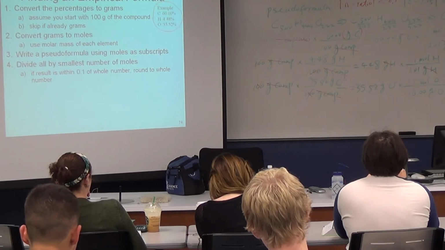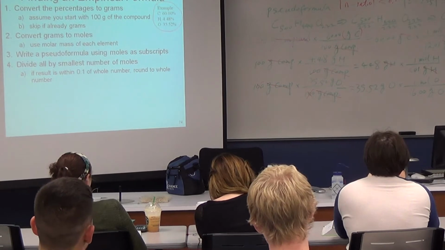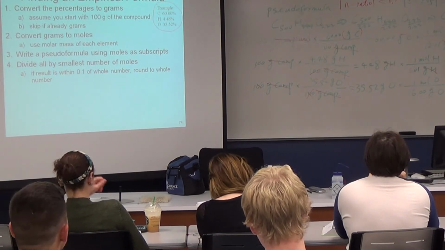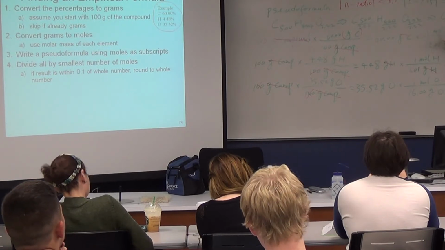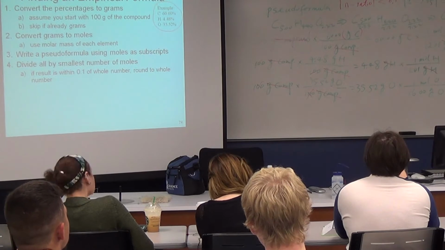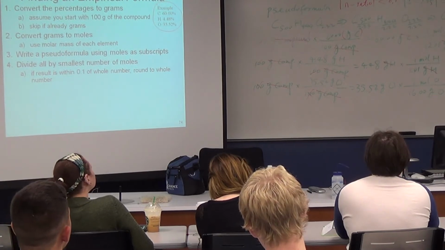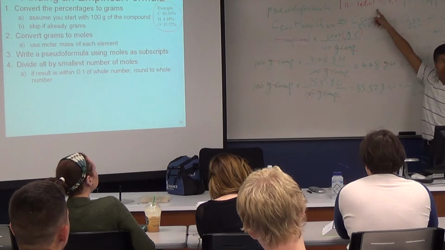What you do is find a number you can multiply onto those ratios, changing this 2.25 into a number that is close enough to an integer, which means it will satisfy this condition.